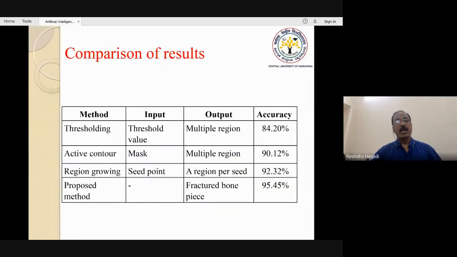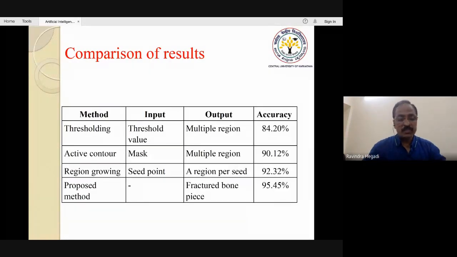Then we compared our technique with different techniques available in the literature. One technique based on thresholding gives a result of 84%. This is work done by others, I'm not talking about our work. Then somebody used the active contour technique, with a mask as the input, got multiple regions, and their accuracy is 90.12%.